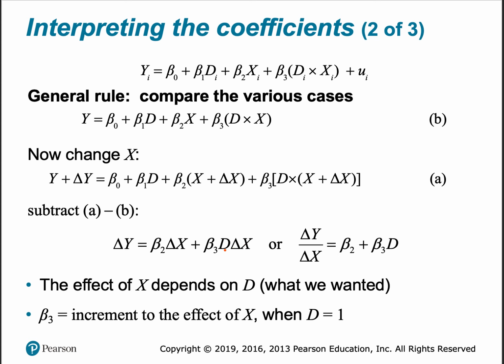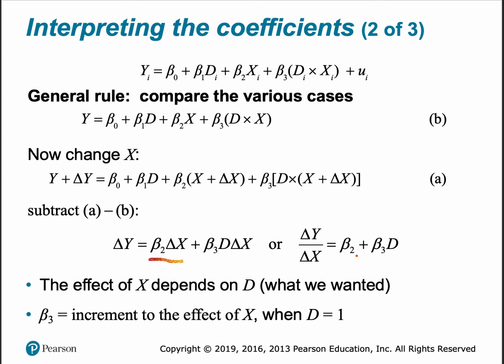If d equals 1, then we get this whole term for the change in y given a change in x. If d equals 0, then we only get the first term. What this means is that the change in y for a change in x is different for different groups. Alright, folks?